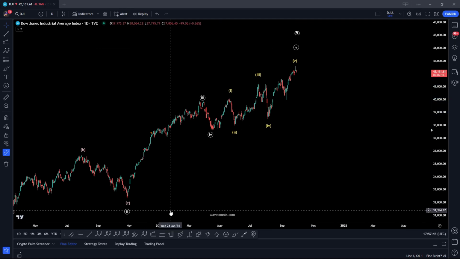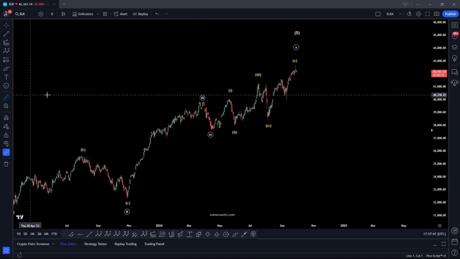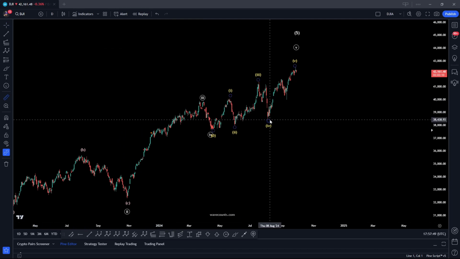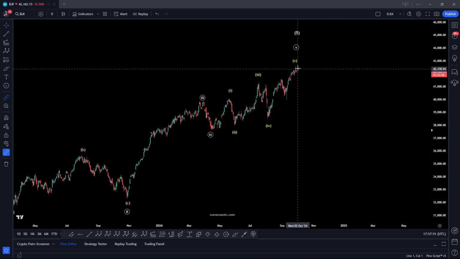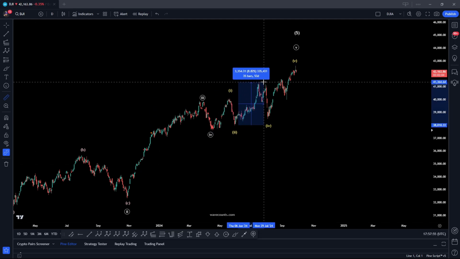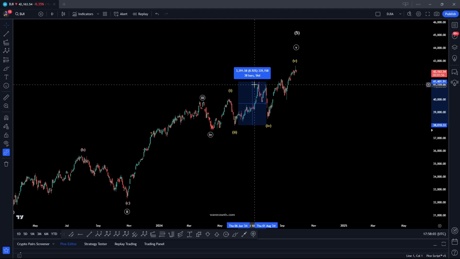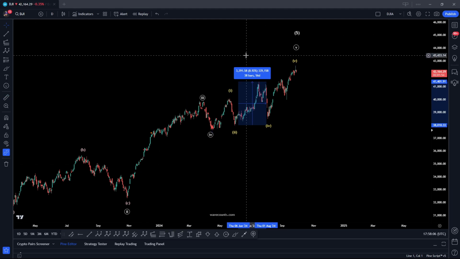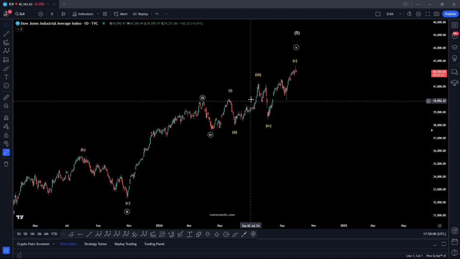So the actual technical rule is percentage, okay? Wave 5 must travel a longer distance in percentage than the third wave, right? So if we did the actual rule, it's going to come out to be the same as you see. But 8.92%, thereabout, maybe I don't have the exact penny, but about 8.92% was the distance in percentage traveled by the third wave.